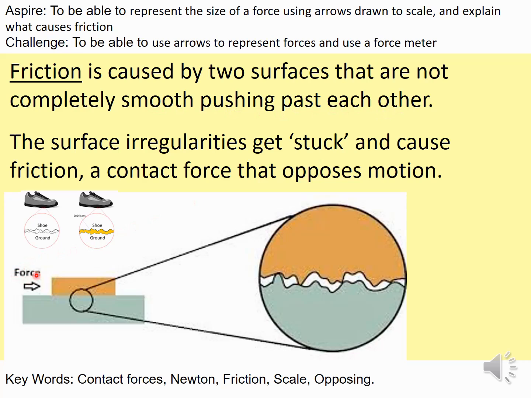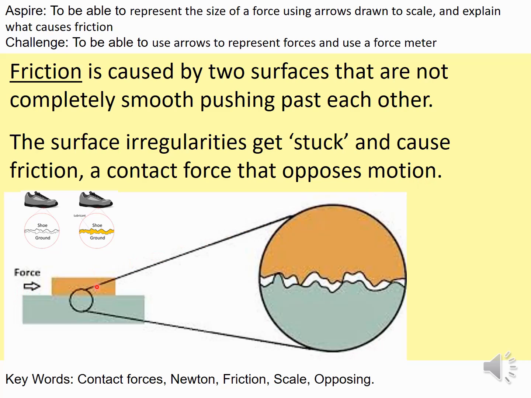So you can see there's a force here pushing the brick on top of the concrete. The surface irregularities, bumps would be a nice word as well, get stuck and they cause friction, a contact force that opposes motion.